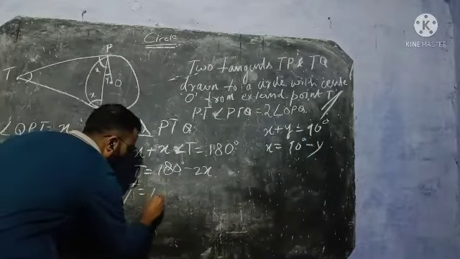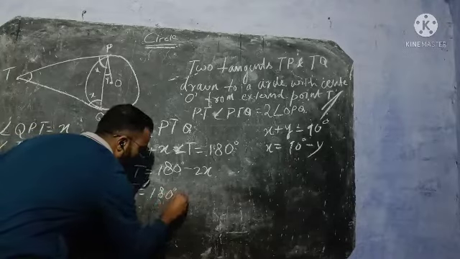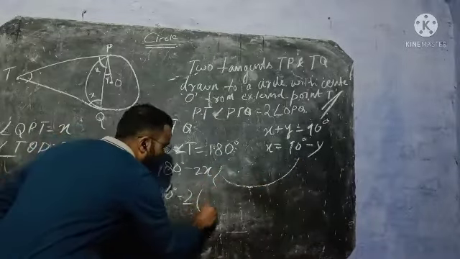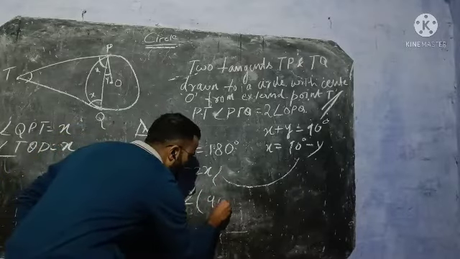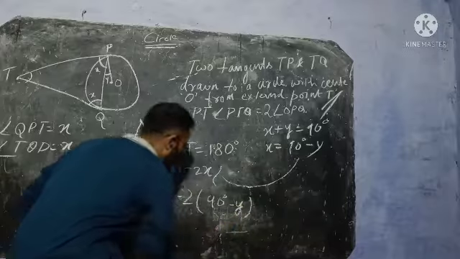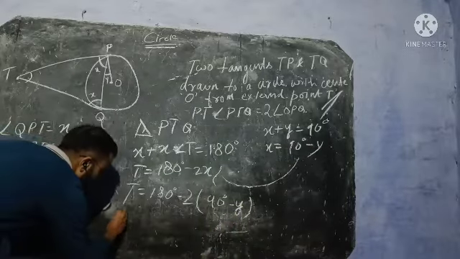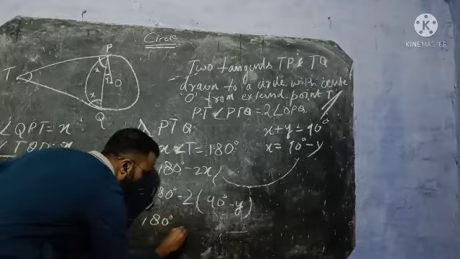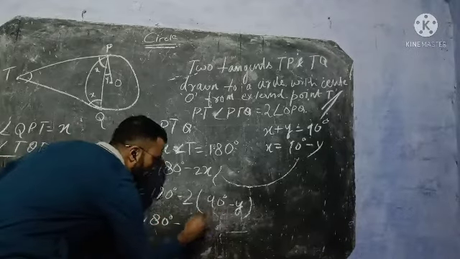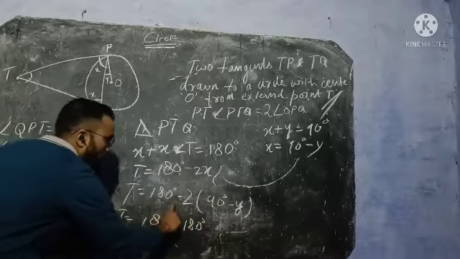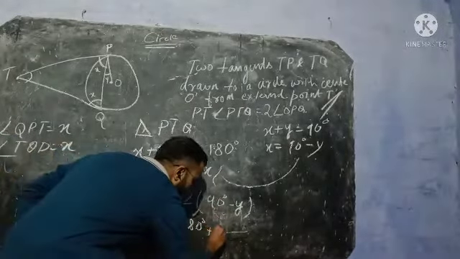T is equal to 180 degrees minus 2 times 90 degrees minus y. Now T is equal to 180 degrees minus 180 degrees plus 2y.